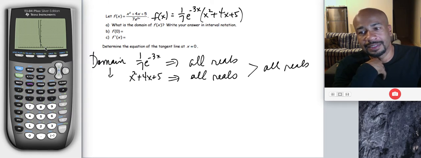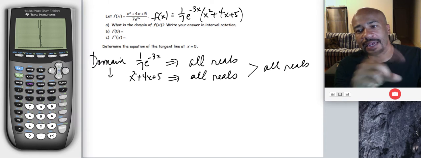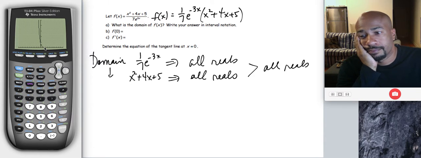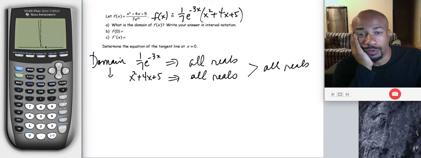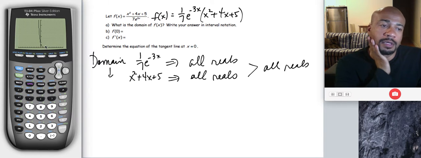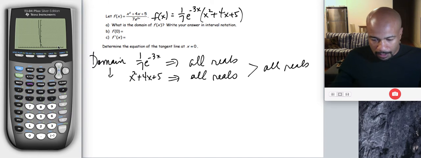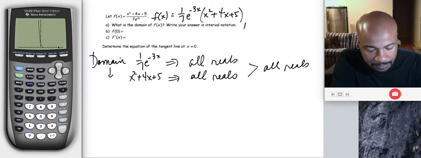So this one may not be a really good graph. You'd have to look at it from, I guess, 2 to see the asymptotic behavior, to see the behavior as it approaches the x-axis. So right now it's going to be all reals. You can put in any x value, you can get a y value, right? So domain is all reals.